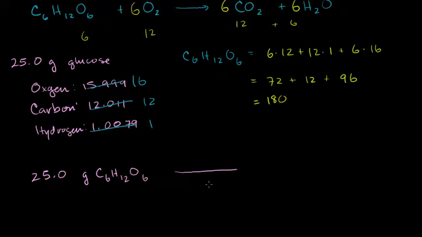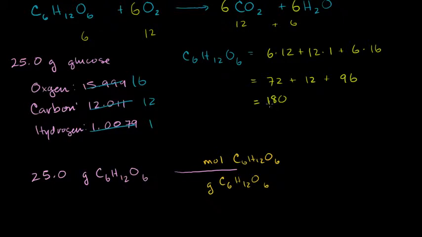So we want the grams of glucose in the denominator, and we want the moles of glucose in the numerator. Because then when we perform this calculation, that will cancel with that, and we'll be left with moles. So how many grams per mole?